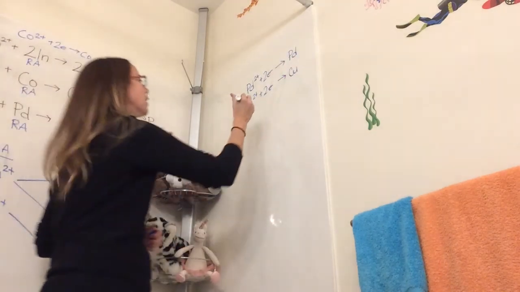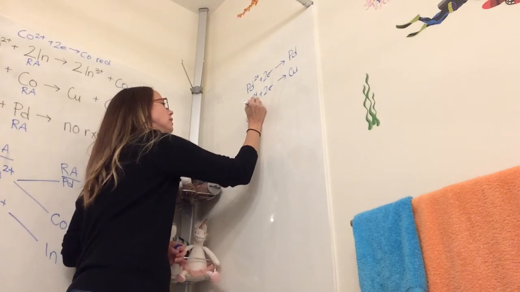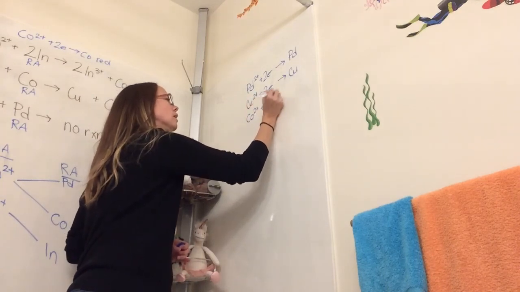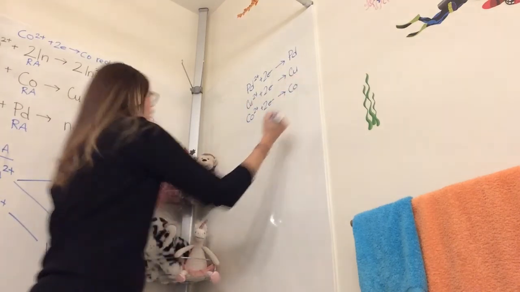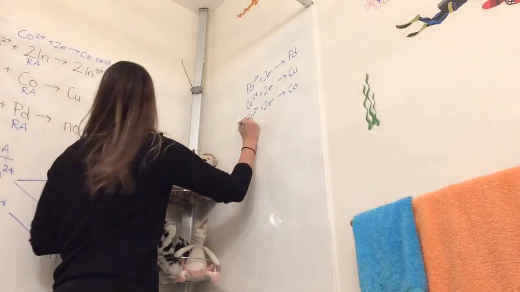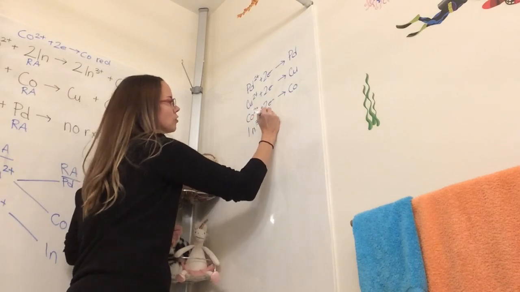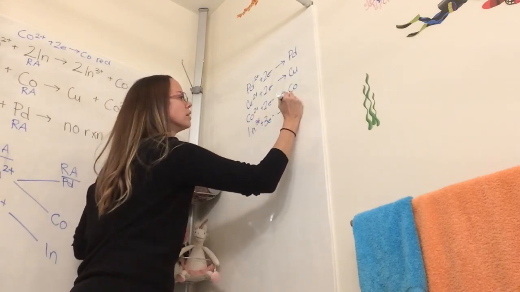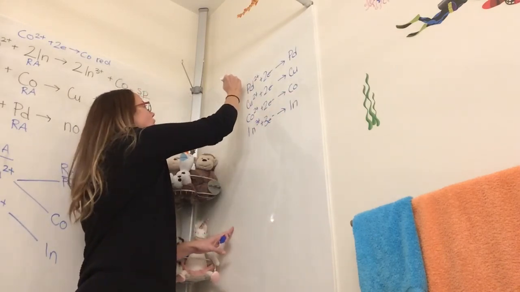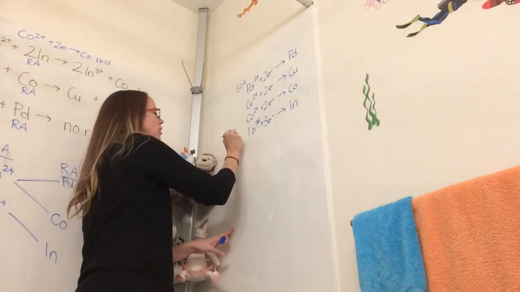And then we had our cobalt ion. And then lastly, our indium, which I think was 3 positive. So we just draw in our half reactions. This is our strongest oxidizing agent. This is our weakest oxidizing agent.